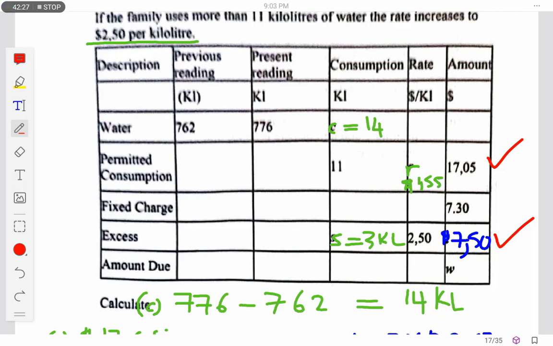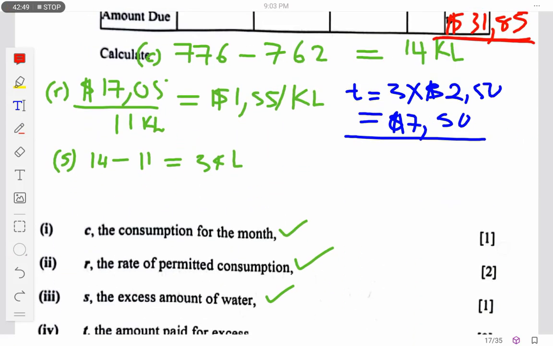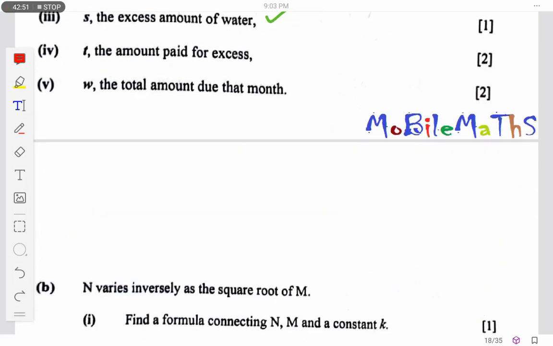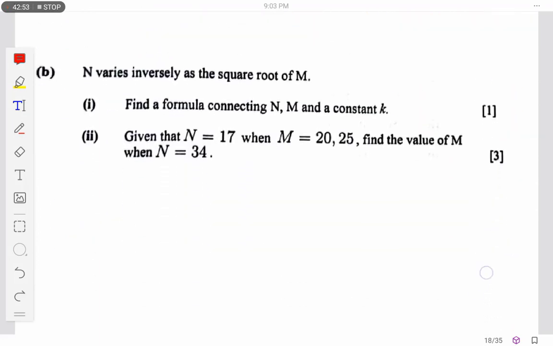The fixed charge is $7.30. So we add these three together, and we get $31.85. So this is the amount that is due. You simply add all these three. So you can now do your home water bills. Okay, fine. Let's move on to the next question.